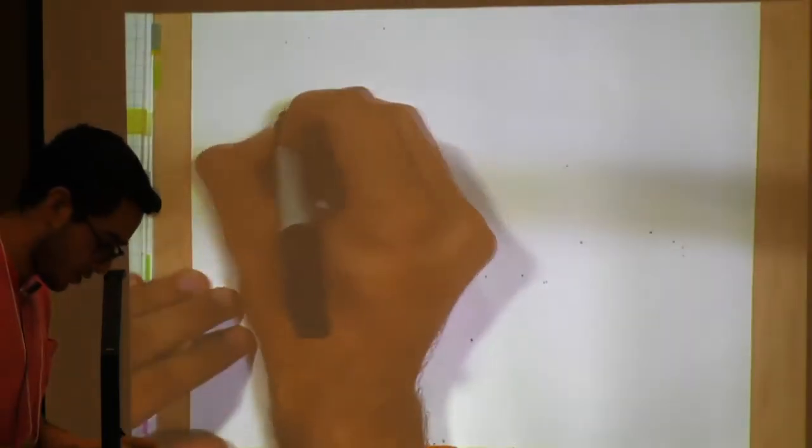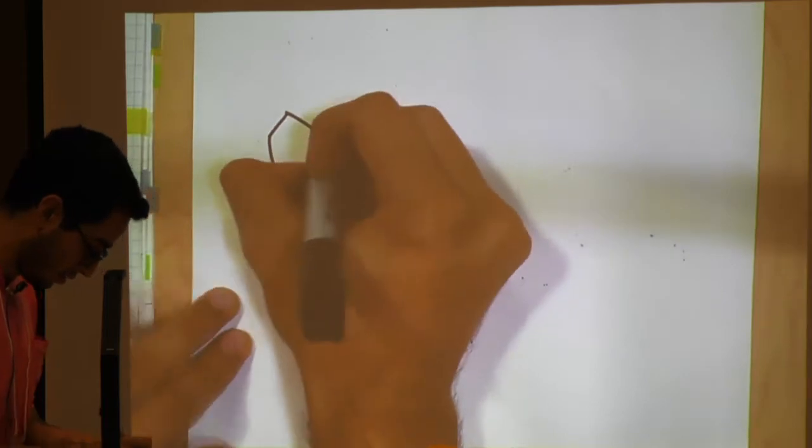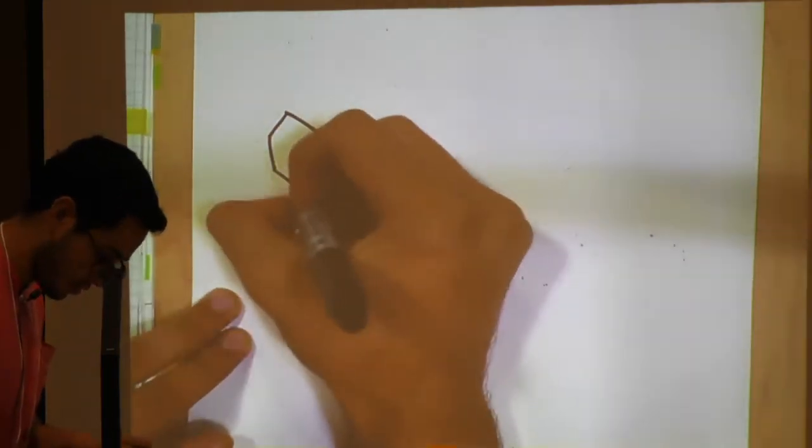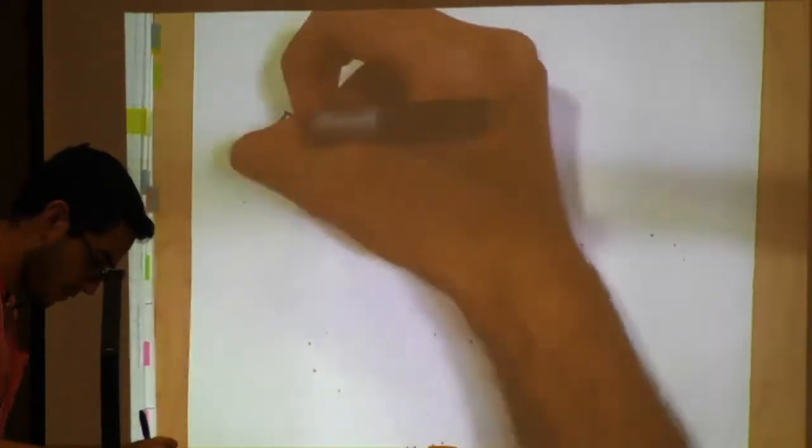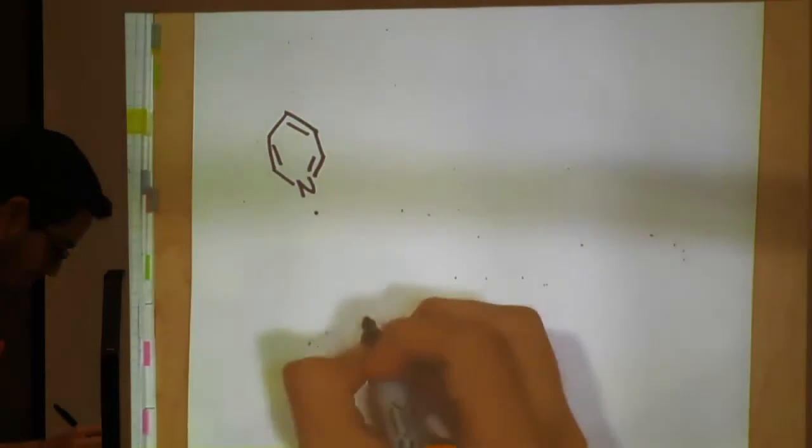So, for example, if I give you something like this structure here, like a pyridine, would that be aromatic?